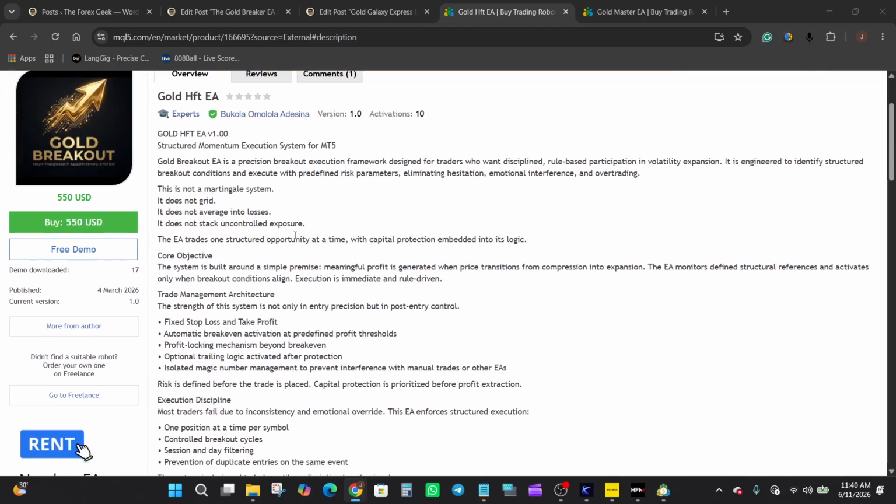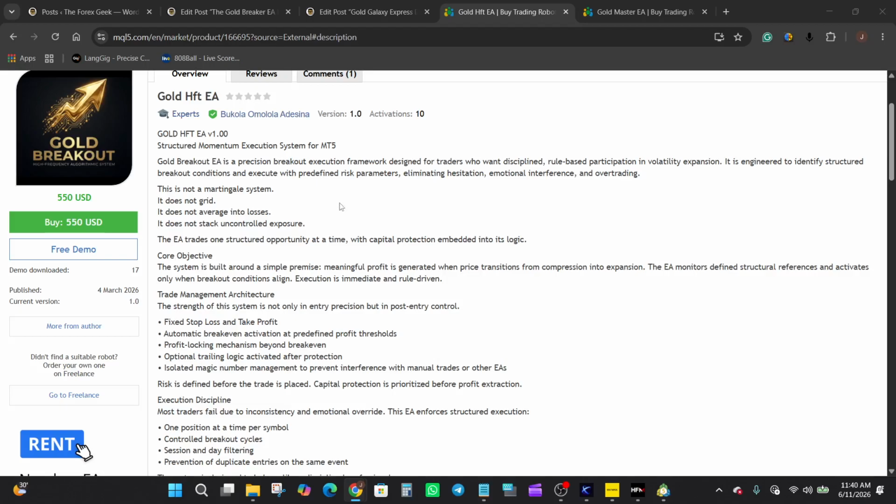As I scroll through the description, the main idea behind this EA is pretty clear. It is designed around breakout conditions, specifically when the market moves from consolidation into expansion. So instead of constant trading, it waits for structured breakout setups before executing.